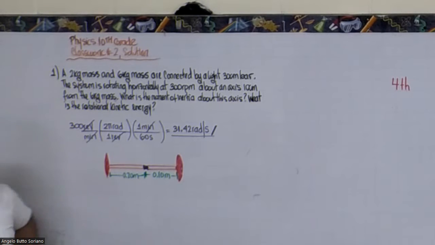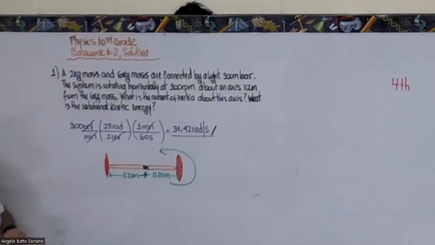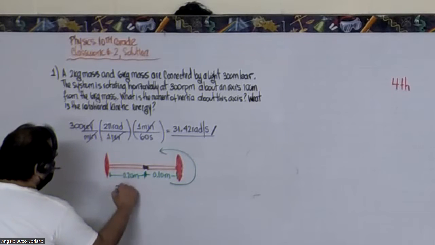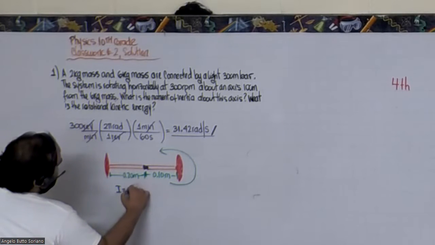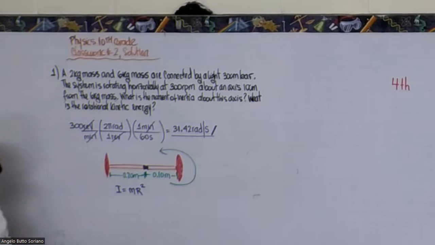So how are we going to calculate that moment of inertia? Because the system will be rotating at uniform speed, we can consider it like a circular hoop. For that reason, the moment of inertia for a circular hoop is I equals mass times radius squared.